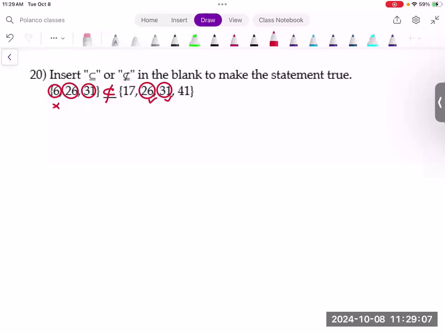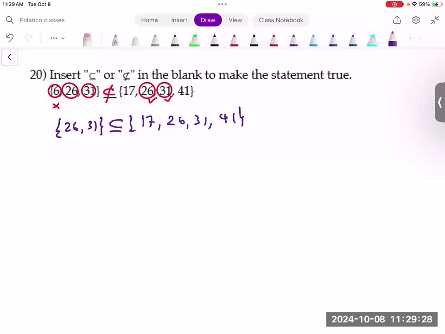Only one element missing is enough to fail. For example, if I had a subset with only 26 and 31 here, and 17, 26, 31, and 41, is it a subset here? And this is yes. We good?